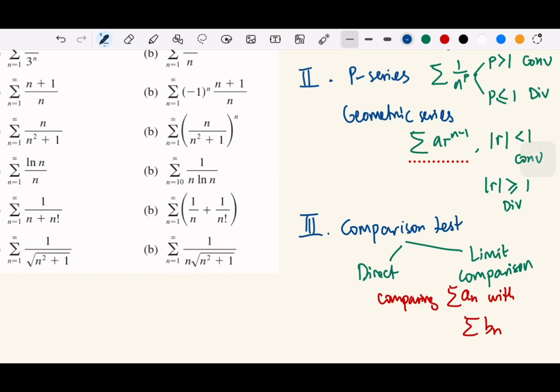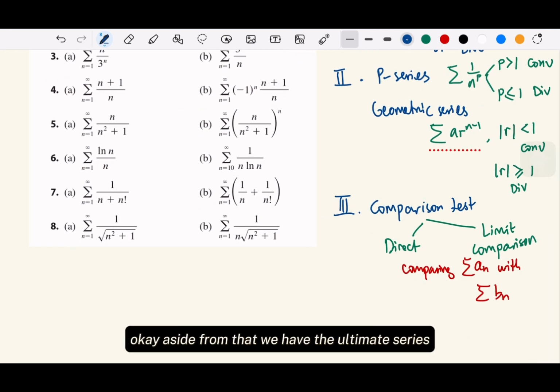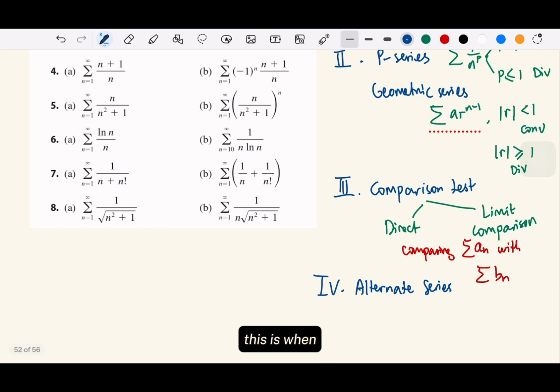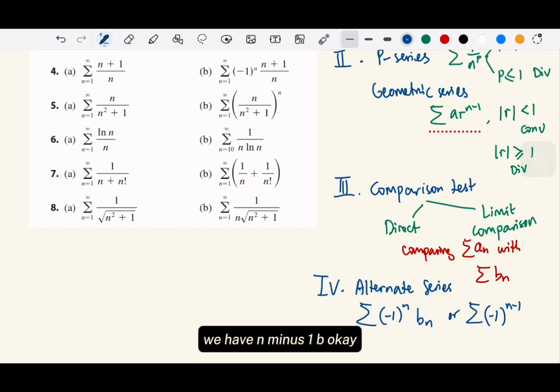Okay, aside from that, we have the alternating series. This is when we have (-1)^(n-1) b_n.